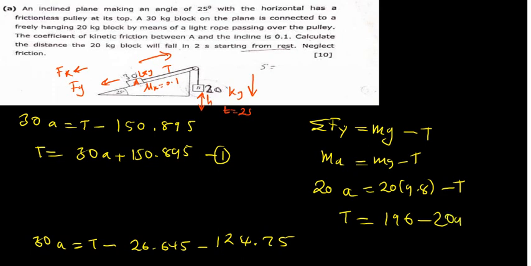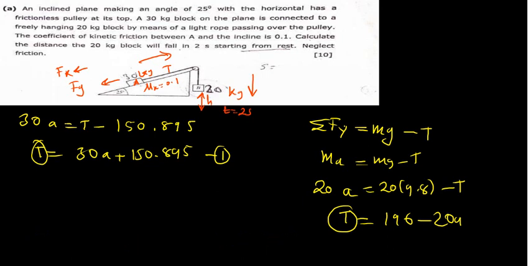So tension is equal to this, and this is also tension is equal to, so we can equate these two terms since they are equal. So 30A plus 150.895 is going to be equal to 196 minus 20A.